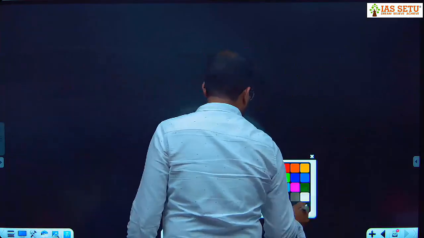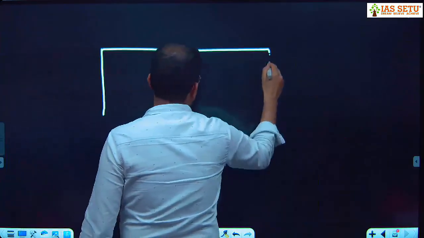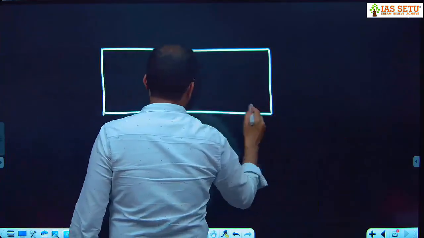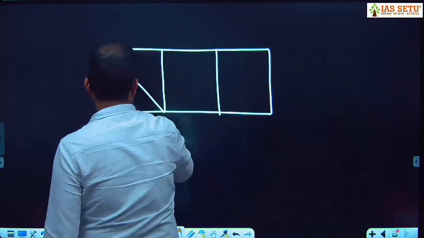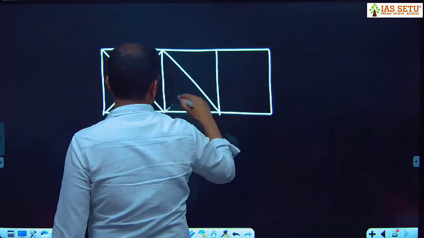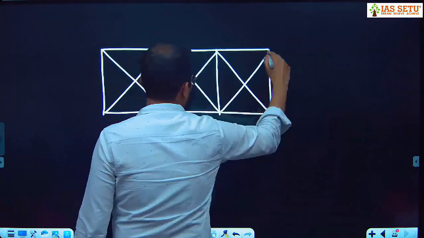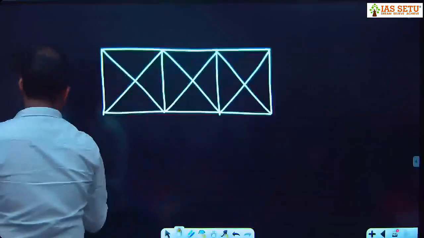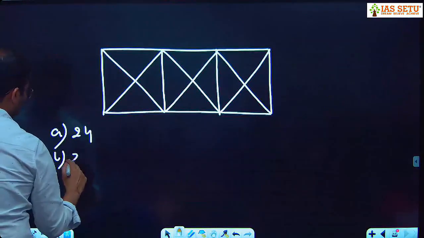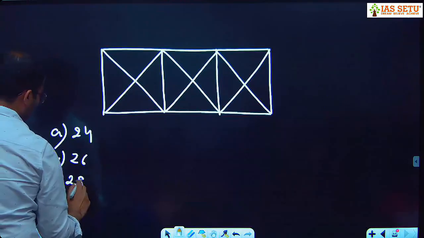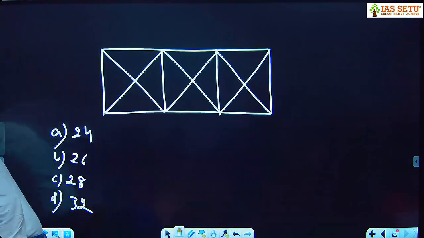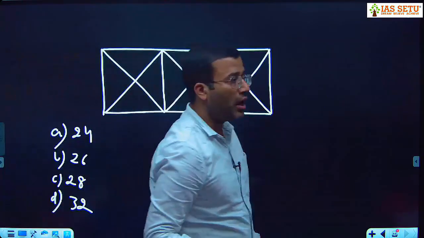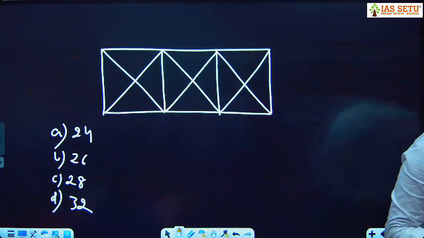I ask you one previous year question. Count the number of triangles in the given figure.